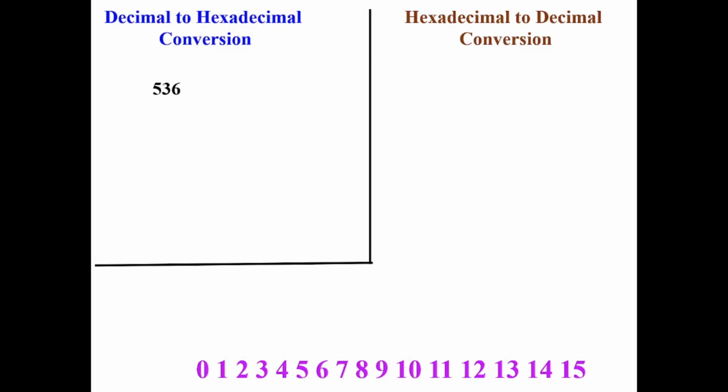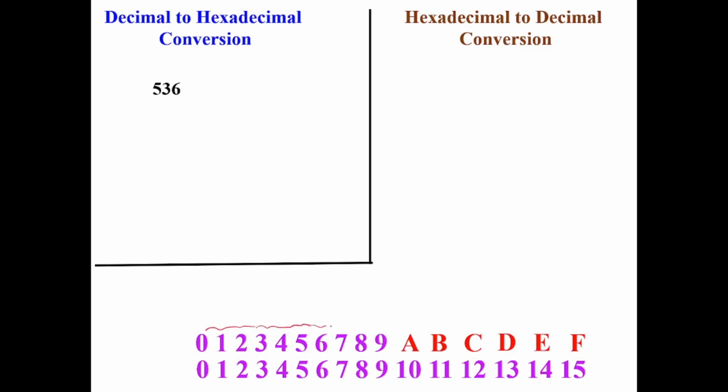But in digital electronics, up to 9 it is represented as numbers 0, 1, 2, 3, 4, 5, 6, 7, 8, 9, but from 10 to 15 it is represented as letters. 10 is represented as A, 11 B, 12 C, 13 D, 14 E and 15 F. Just remember these things.